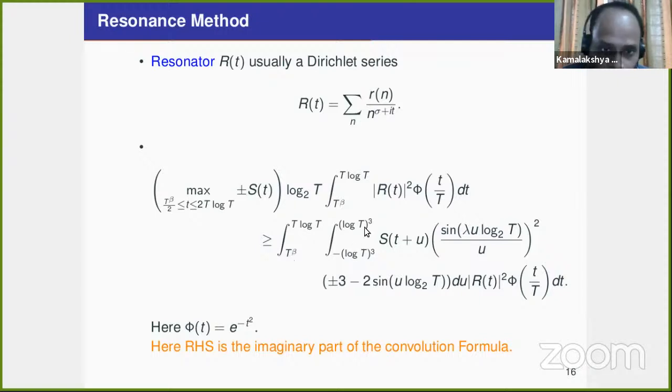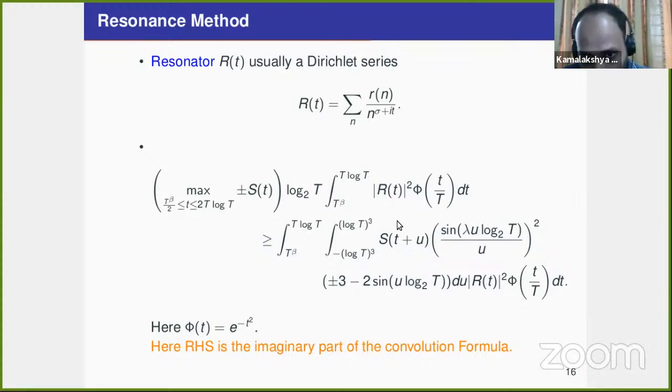So t plus u would vary from T power beta minus log T cube to T log T plus log T cube, which is inside this interval, right? So this maximum will be larger than the maximum in this. So this value is larger than this S of t plus u. So this goes out.